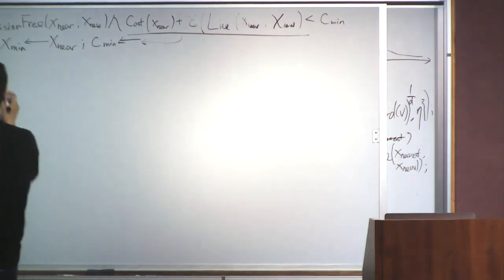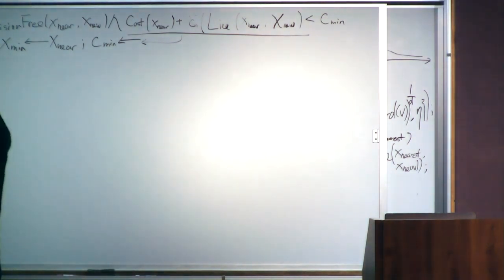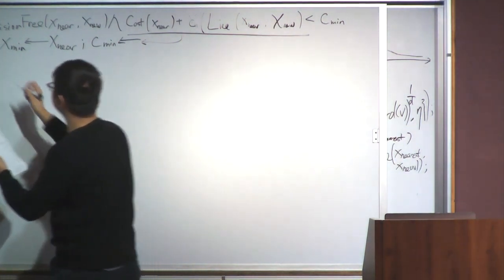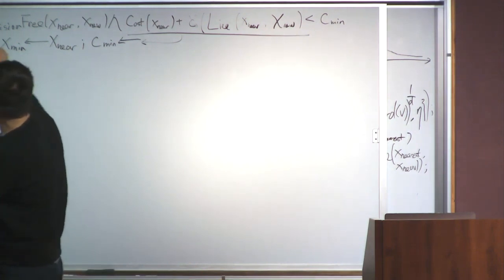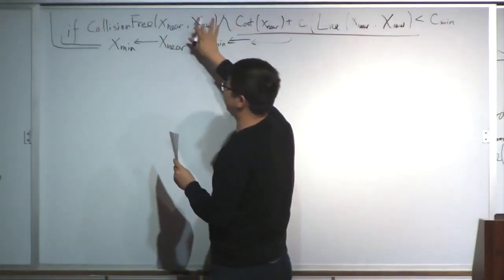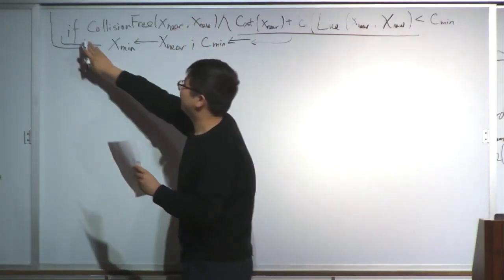Yes. So after doing this, we have the indentation. I think there is something like this. Like there is a for loop for each point in x near, and we do this.